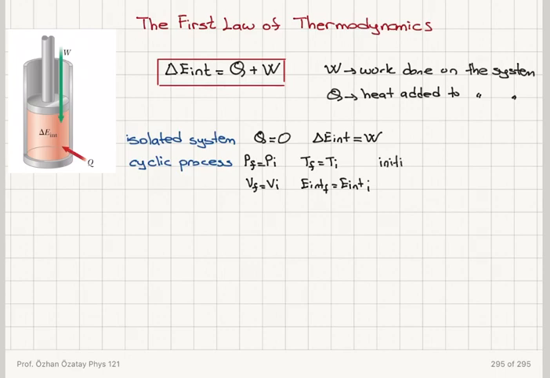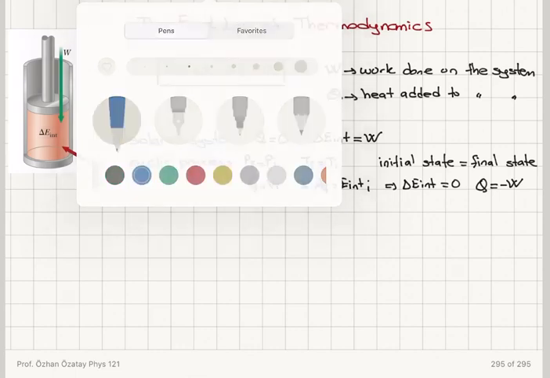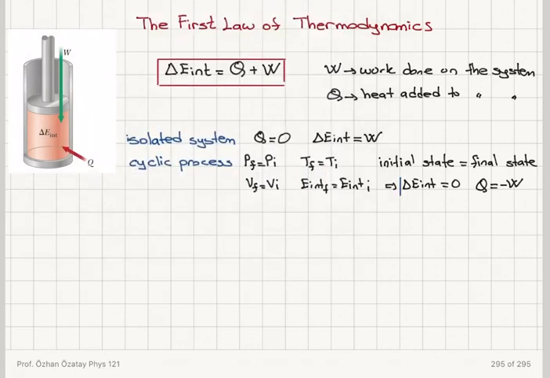Initial state is the same as the final state. And therefore, the first law of thermodynamics suggests the change in internal energy is 0. That means in this process, the heat added to the system is equal to minus the work done on the system. So we can summarize this result. Delta E internal is 0, Q is equal to minus W for a cyclic process.